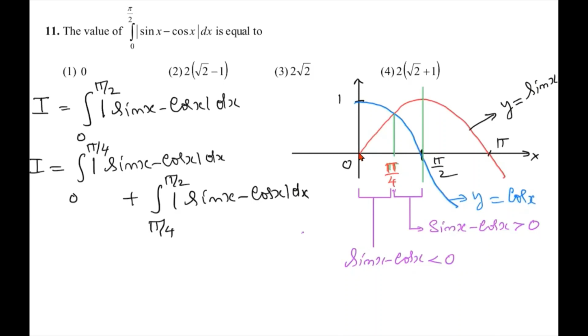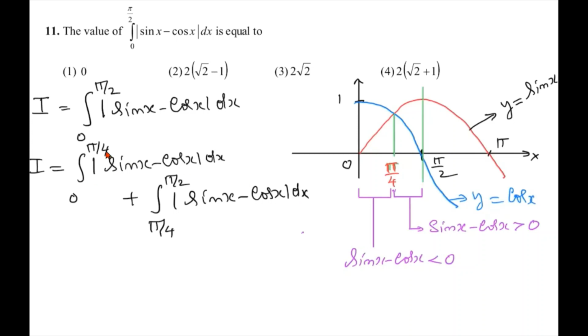So we need to split the interval 0 to pi by 2 into two intervals at pi by 4. So integral 0 to pi by 2 becomes integral 0 to pi by 4 mod of sin x minus cos x dx plus integral pi by 4 to pi by 2 mod of sin x minus cos x dx.